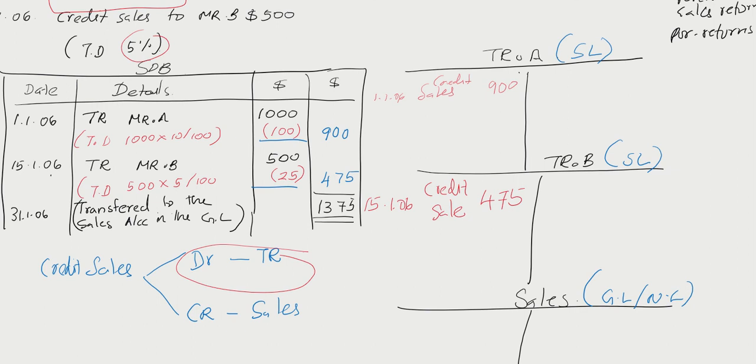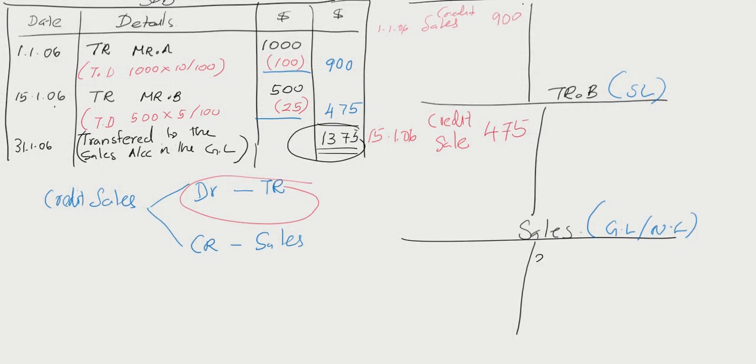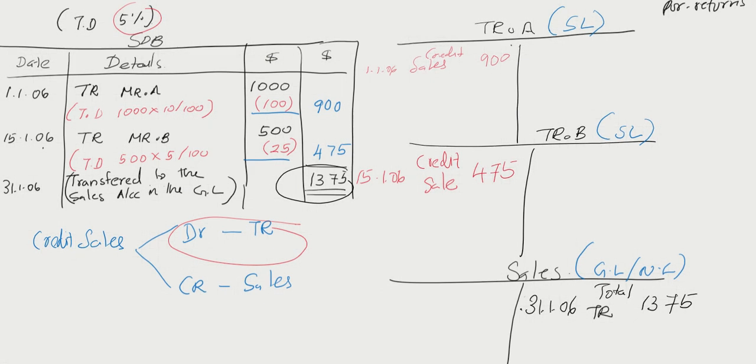And then you take the total of the sales figure which you entered on the credit side at the end of the month, and you enter here total trade receivable as 1375. Now you know how to post entries for credit sales.